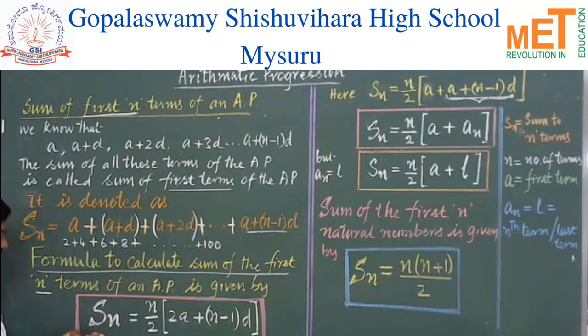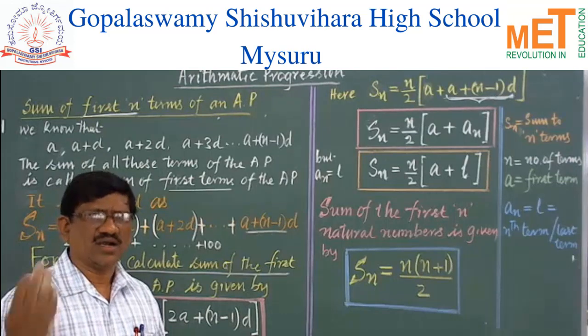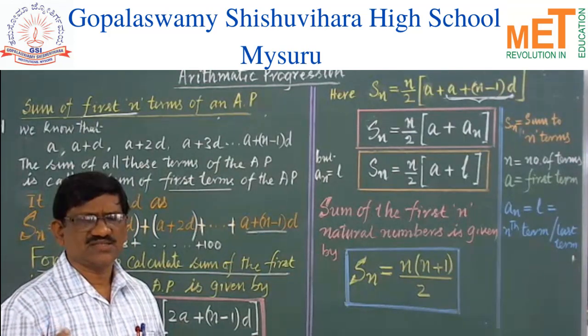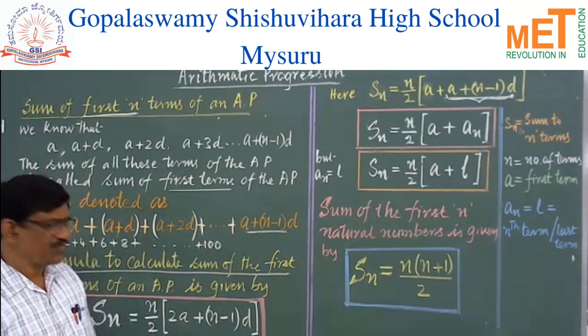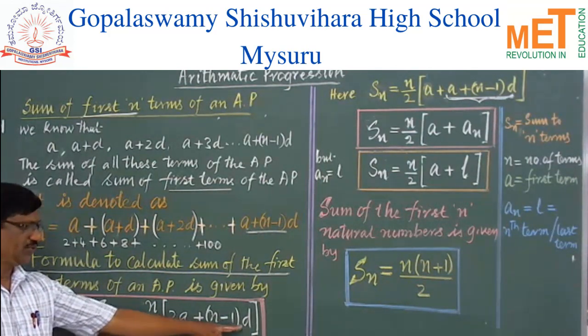This is the important formula that we use to find the sum of any number of terms. It may be 10 terms, 20 terms, 100 terms, 1000 terms, whatever the number of terms. So this formula is very important to find the sum of n terms of an arithmetic progression. You have to remember this, children. Sn equals n by 2 into 2a plus n minus 1 into d.